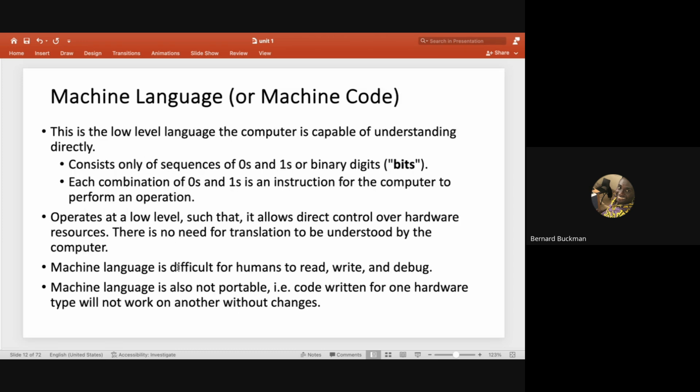Now, what is machine language? Machine language is basically the low-level programming language that a machine can understand. It usually consists of a bit, a binary digit, which we write as 0 and 1, 0 being the absence of electricity or a charge, and 1 being the presence of electricity or a charge.